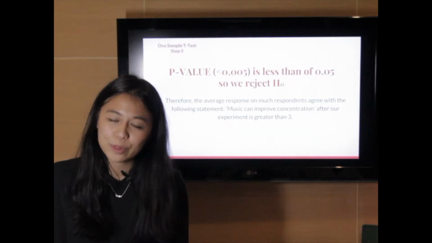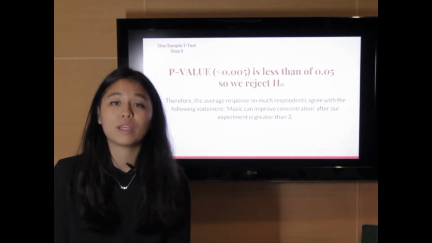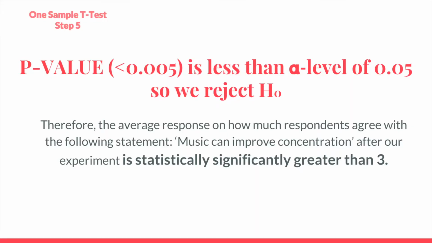So we came to our conclusion. As our p-value, which is less than 0.0005, is less than our alpha level of 0.05, we reject our null hypothesis. And therefore, we can conclude that the average response to the statement, music can improve concentration, which was conducted after our experiment, is greater than 3 on a scale of 1 to 5.